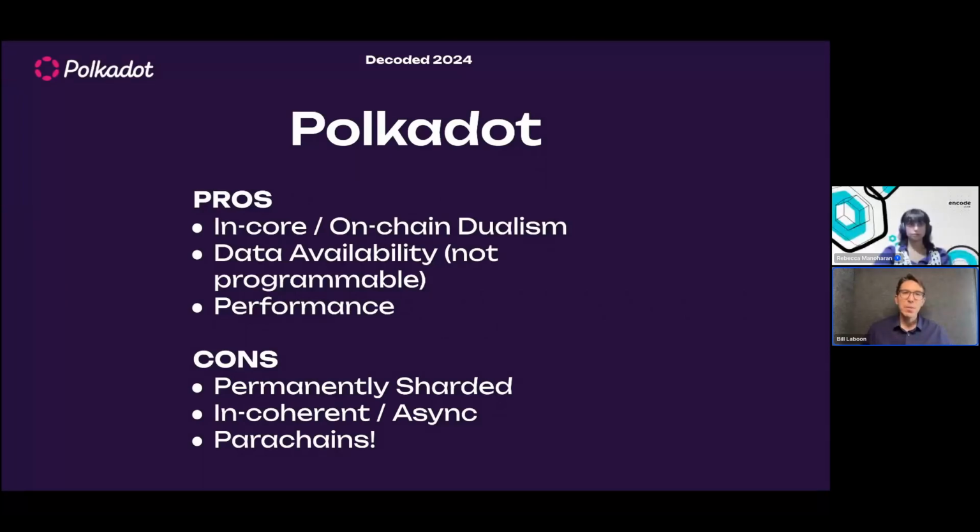So if we look at some of the pros and cons of Polkadot, some of the great pros: it's extremely performant, extremely scalable, and we have automatic data availability. We don't need a separate data availability layer. But there are some problems with this. So one, it's permanently sharded. Right, so we have these shards that are always going to exist in their own shard, and they can get more computing power or less, but they're still in their shards.